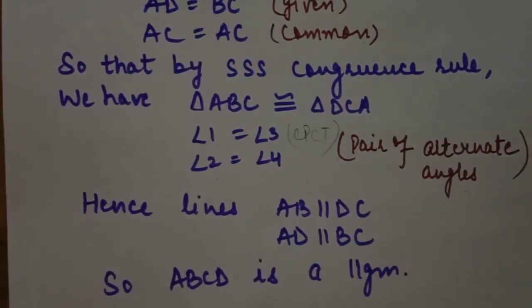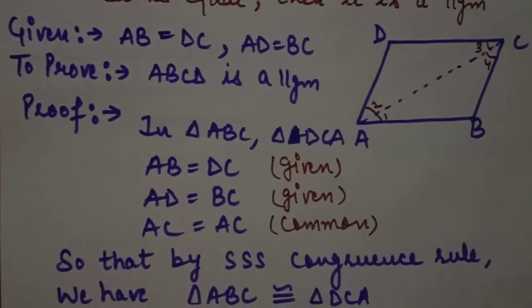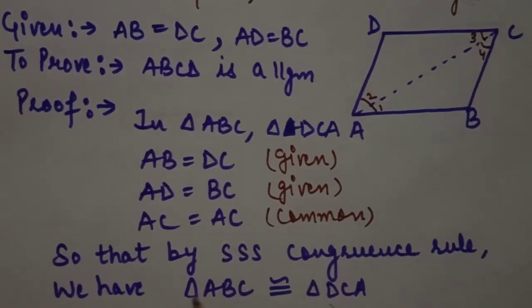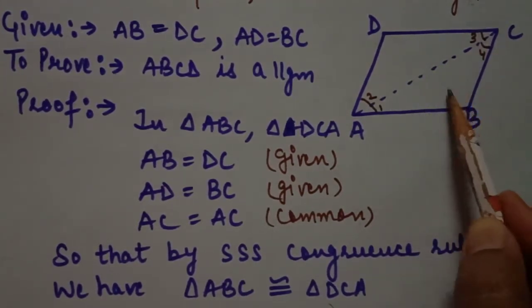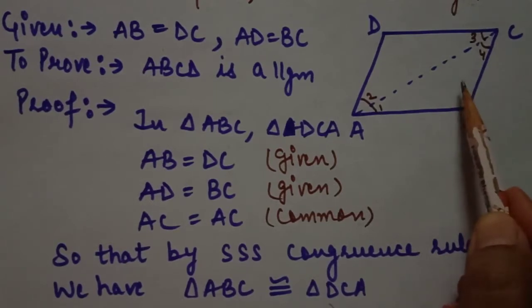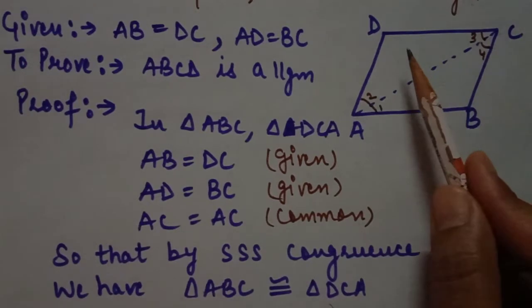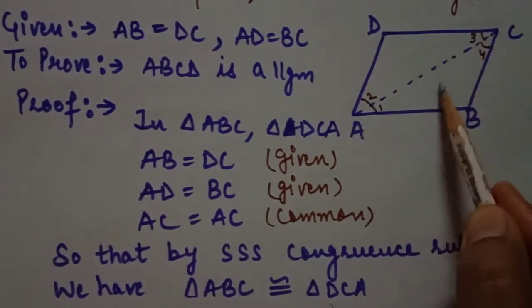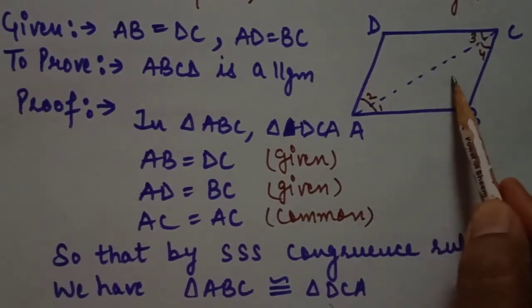Now students, this is your first method. You can solve this theorem with another method also. When you prove that triangle ABC is congruent to triangle DCA, then you can write according to the first theorem. What was theorem 8.1 yesterday? In a parallelogram, a diagonal converts the parallelogram into two triangles, and these two triangles are congruent to each other.